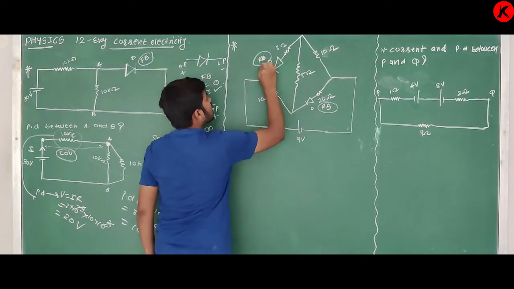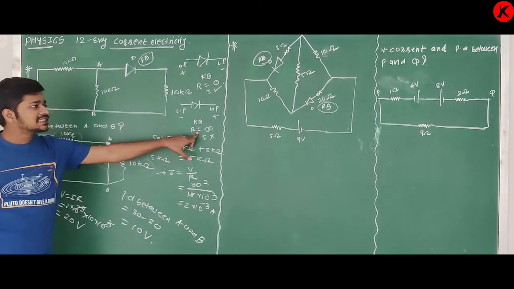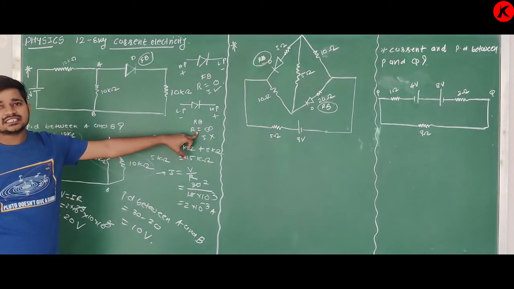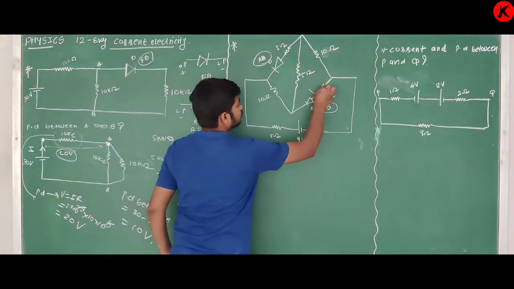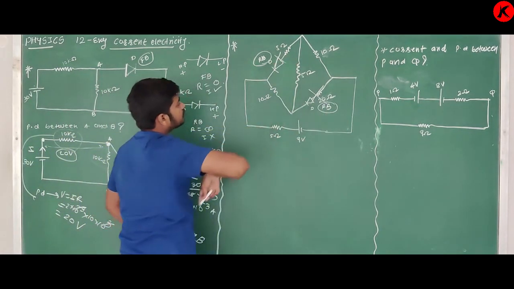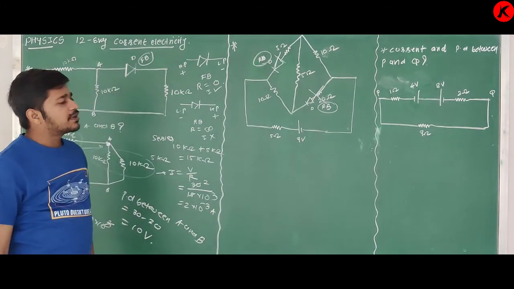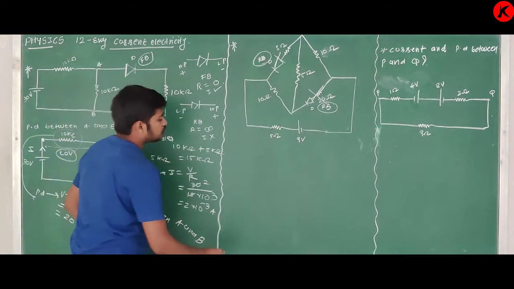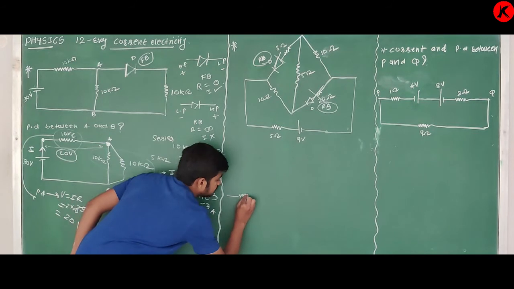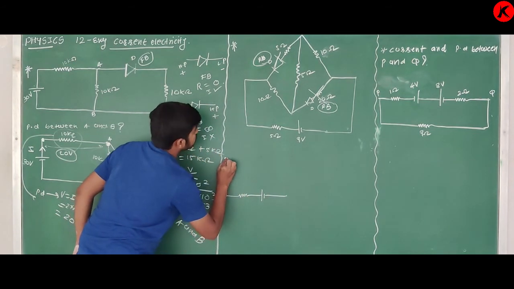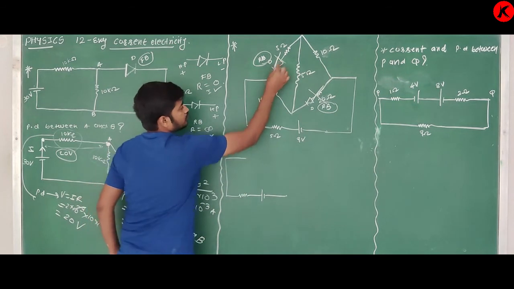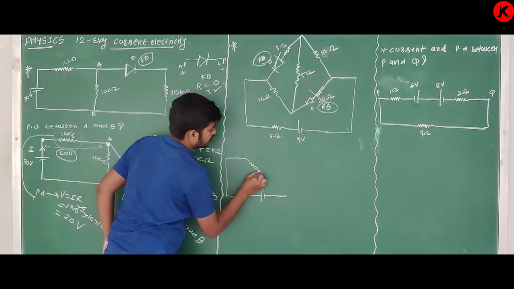And in reverse bias condition, as resistance is infinite, current is not flowing through these two branches. So I can draw this figure as: it is a resistor, it is a battery. Current is not flowing in this branch, so current is flowing in this branch.